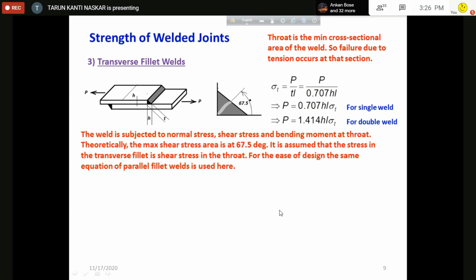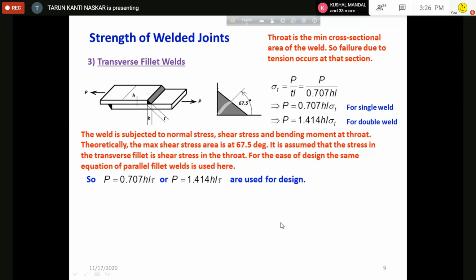What could the logic be? If we take 45 degrees instead of 67.5, what could the logic be? Think and tell. Shortest distance. Theoretically, the maximum shear stress is at 67.5 degrees, but instead we take 45 degrees for ease of design.